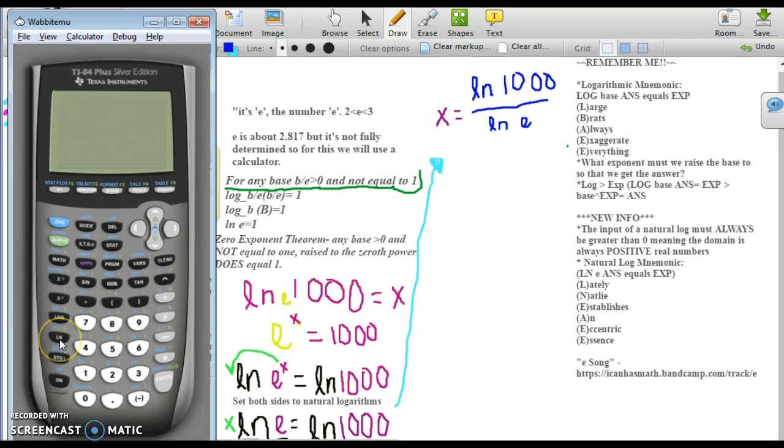So we'll plug in the natural log of 1000 divided by the natural log of e, which is usually just second, natural log, and you should get 6.908 as the answer.